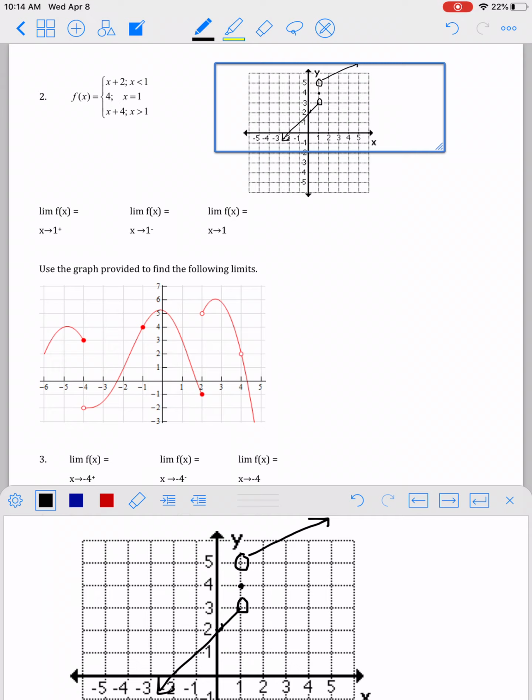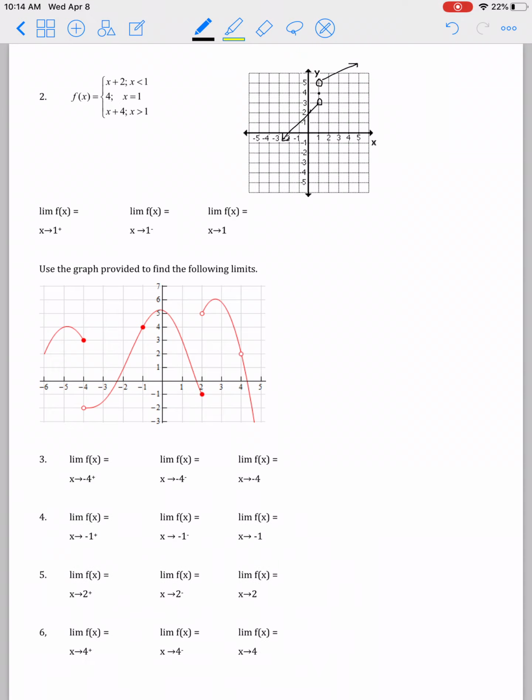Okay, now we are ready to look at our graph. When I approach 1 from the right, this piece is from the right. So coming in, when I hit 1, my y-coordinate is a 5. And this is the piece on the left-hand side. So coming in from the left, my y-coordinate would be a 3. And now the two one-sided limits are not equal.